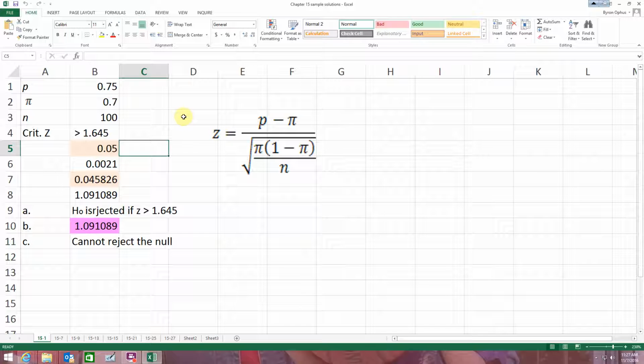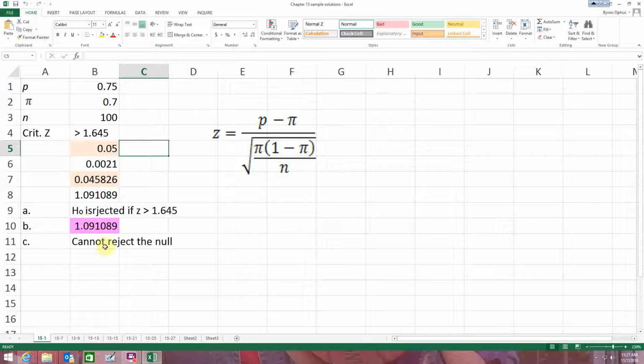Then it says a sample of 100 observations revealed that p, or proportion, is equal to 0.75, so higher than what we're looking at in terms of the null and the alternate hypothesis, right? So at the 0.05 significance level, can the null hypothesis be rejected? State the decision rule.